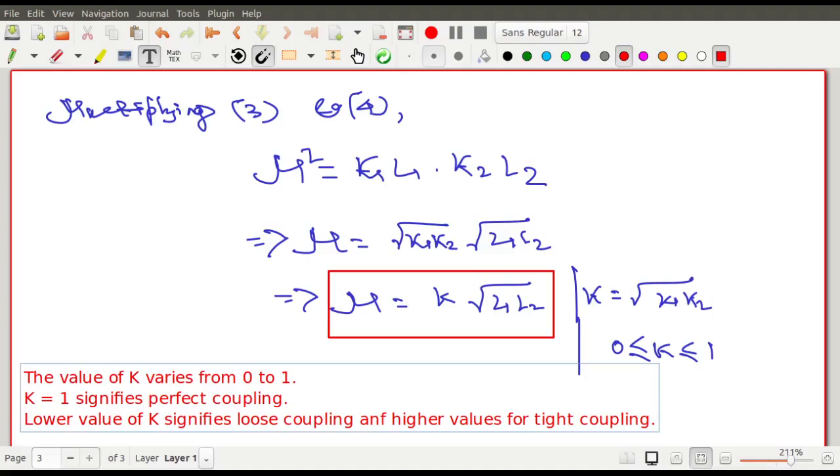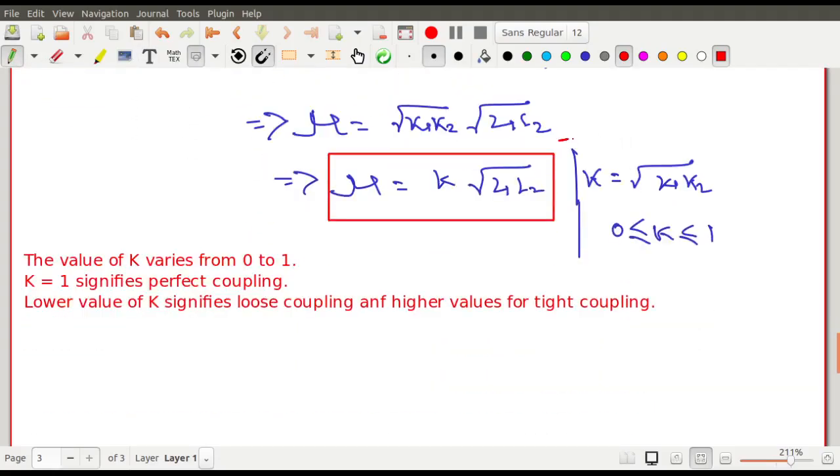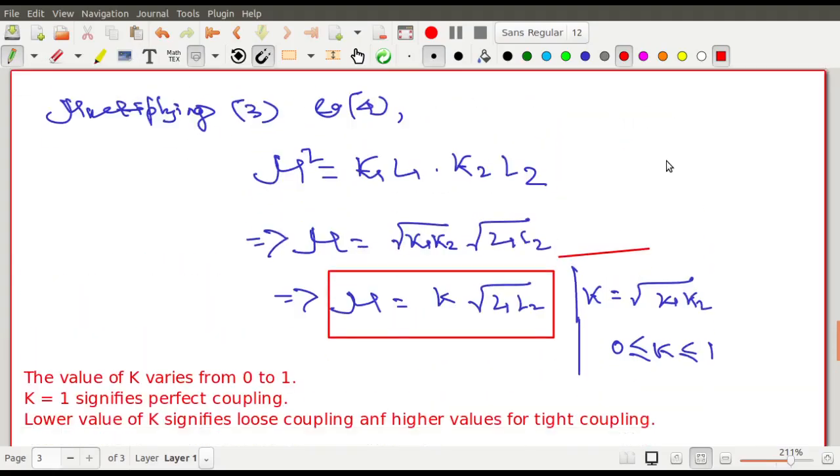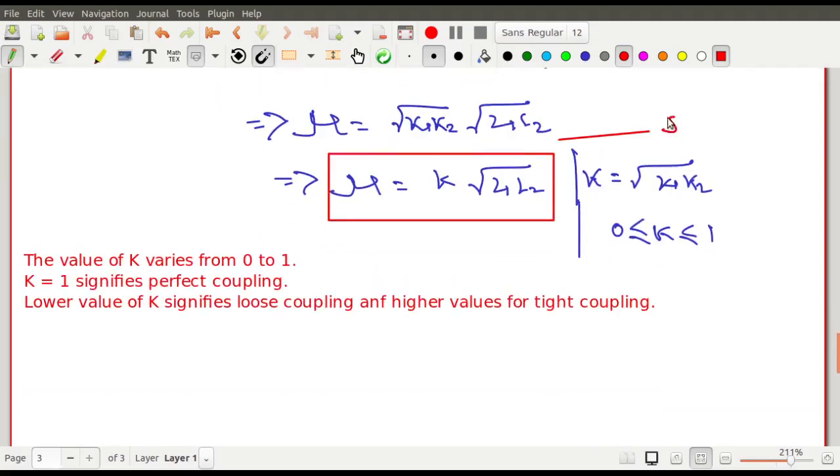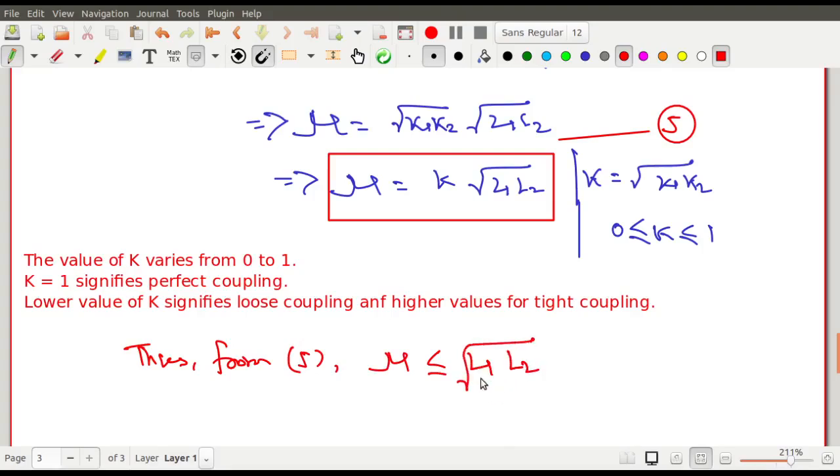And this is a very important relation that M is equal to K root L1 L2, and from this one you can also conclude, suppose I call it 5. So from the values of this K you can also say, thus from 5 we can say that M is less than or equal to root L1 L2, or you may write M square less than or equal to L1 L2.